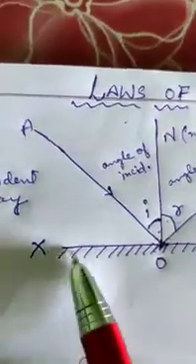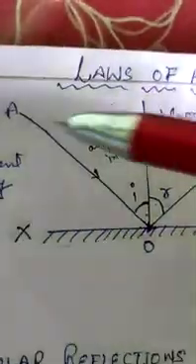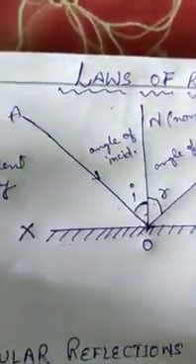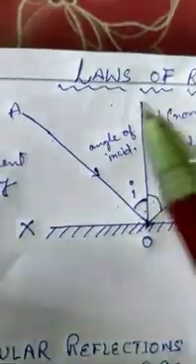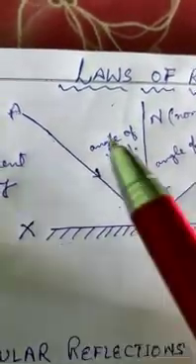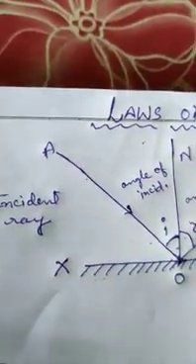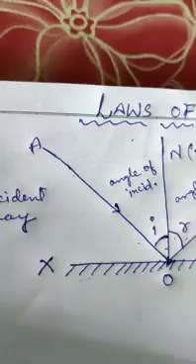The ray of light which is falling on the reflecting surface XY is called the incident ray. Clear, children?